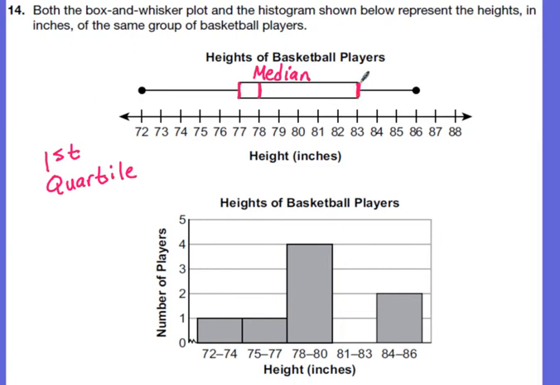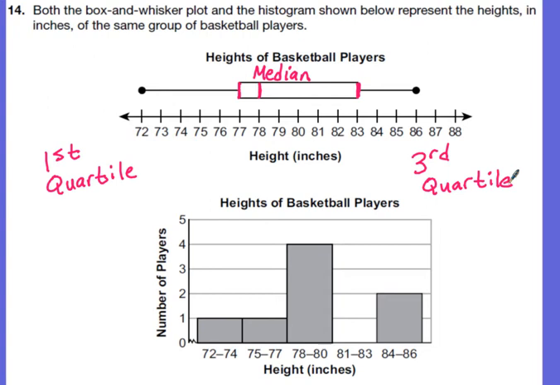Likewise, the right edge of the box, that's going to be your upper quartile or your upper median, or in other words, your third quartile. That would be if you only looked at the upper half of the numbers in your data set and only found the median of those numbers, it looks like you'd get 83.